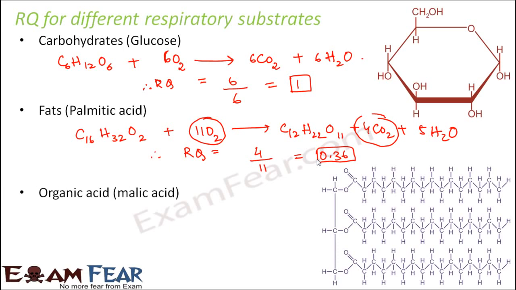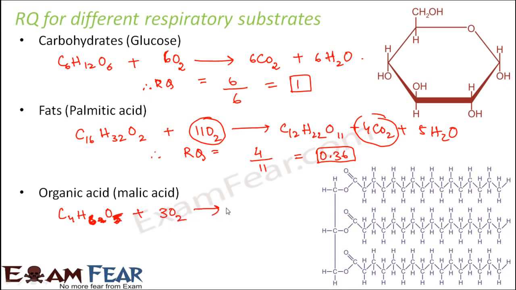If you talk about other organic acids like malic acid, there you will see that the respiratory quotient is quite high. In fact, in some organic acids it goes as high as 4 or 5. Malic acid is C4H6O5.